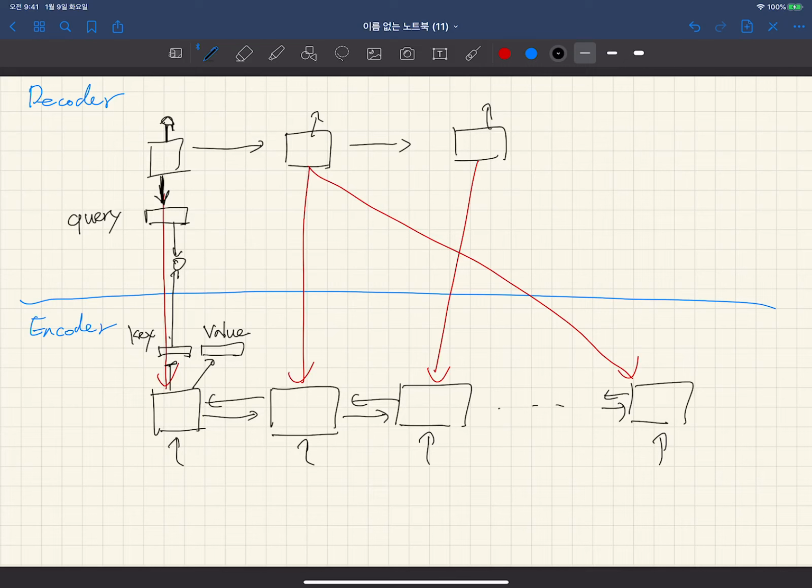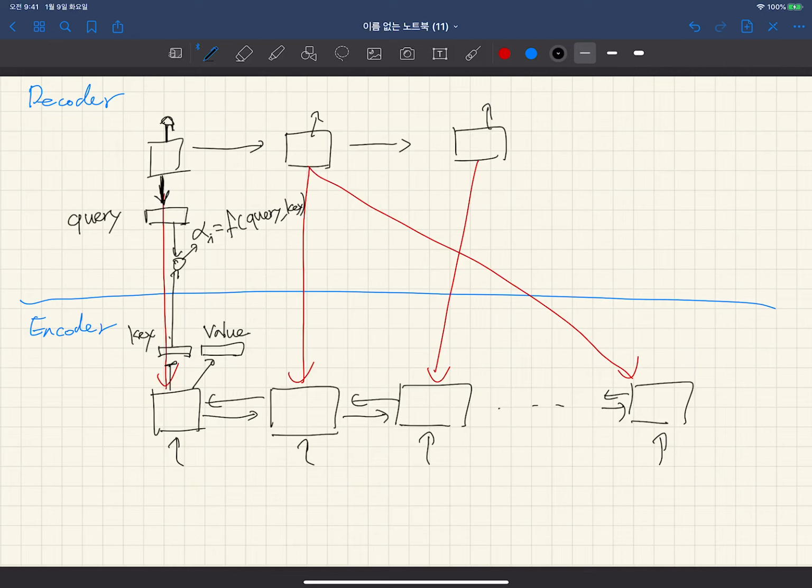So you can measure some kind of value alpha i, which can be measured by some function f, where the input is the query and the key.